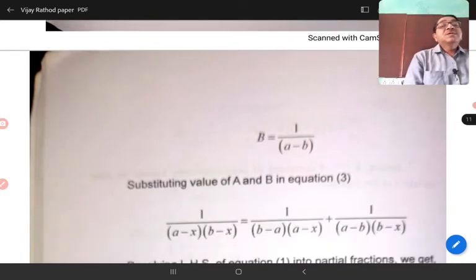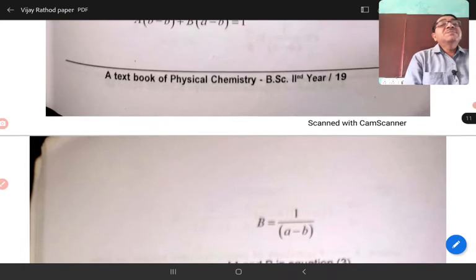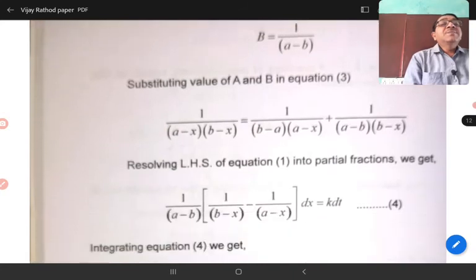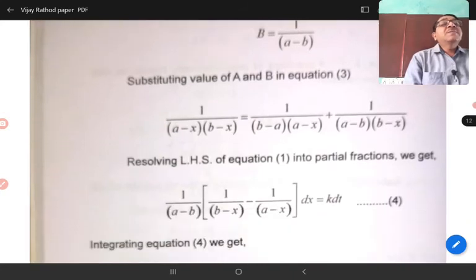Now considering the simplified values of A and B, here A is 1 upon (b minus a) and B is 1 upon (a minus b).